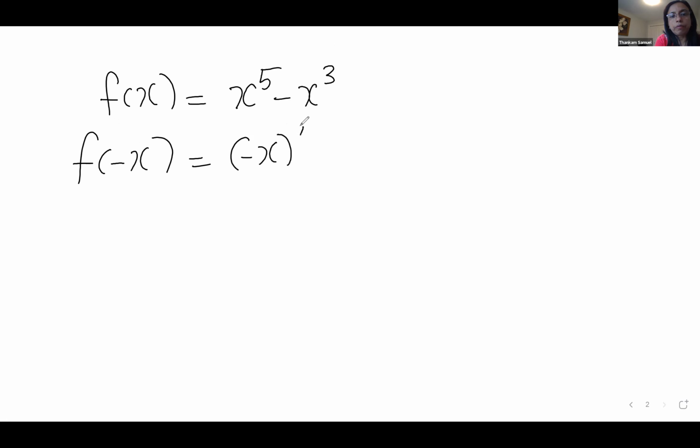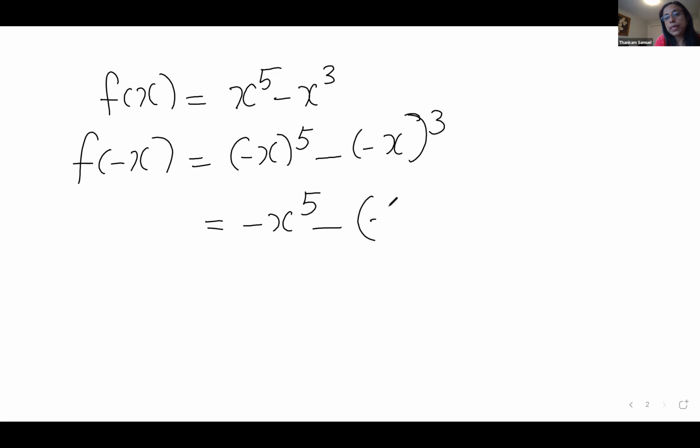Negative x to the 5th minus negative x to the 3rd. So negative x to the 5th is like 5 factors of negative x. That makes negative x to the 5th, then minus negative x, the whole quantity cubed. So 3 factors of negative x, right? So it is negative x cubed. So we'll get negative x to the 5th plus x to the 3rd.